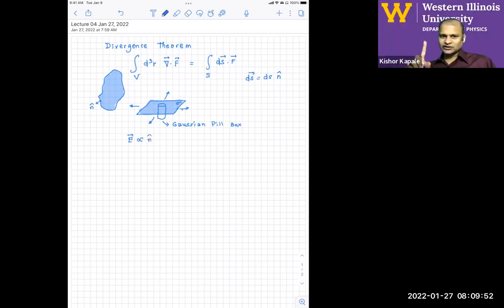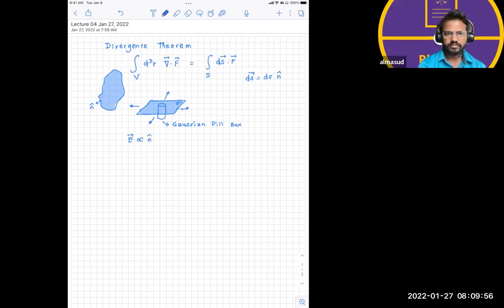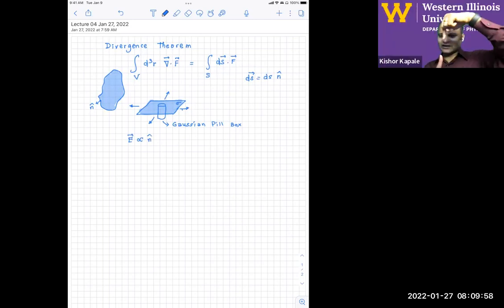So above the sheet, it may be upwards, and below the sheet, it may be downwards, or the other way around. It can be inward above the sheet and inward below the sheet. So it could be directed away from the sheet or coming towards the sheet. Both are fine. Strictly speaking, it should be plus or minus. Both are okay. That's because of just the symmetry of the situation.